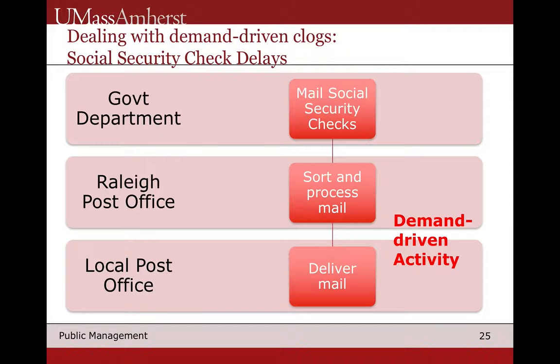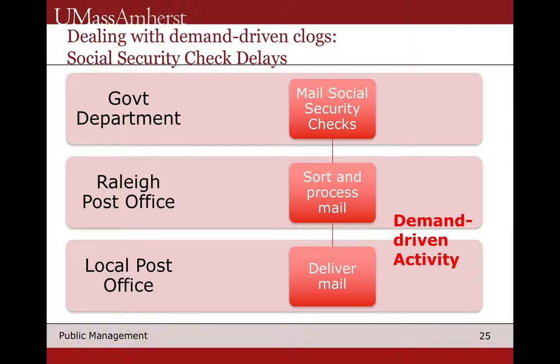This is a real-world example of a case in North Carolina where the department responsible for Social Security checks would mail them out every month on the same day. The Social Security recipients needed to have their checks on the same day every month. So on the first of the month, the government department would make sure all the Social Security checks went out.